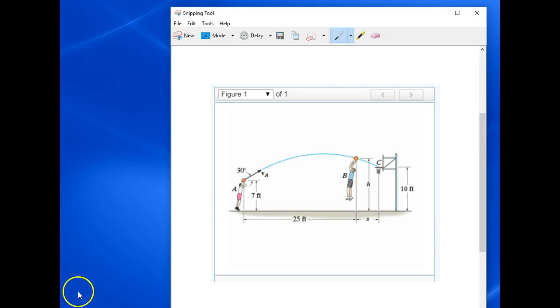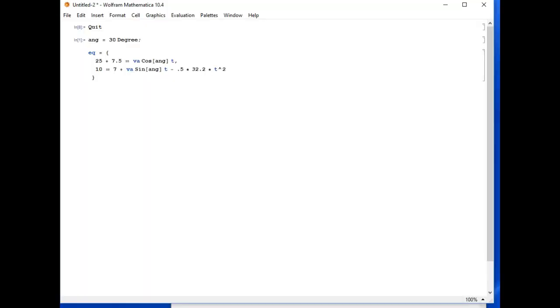The student asked me to do it with Mathematica, so I'm going to pause, pull up Mathematica, and type in a few equations. Okay, so here's the initial part of the Mathematica. The first thing I do when I open up Mathematica is I quit. Some of you have been putting quit in with the next couple of lines.